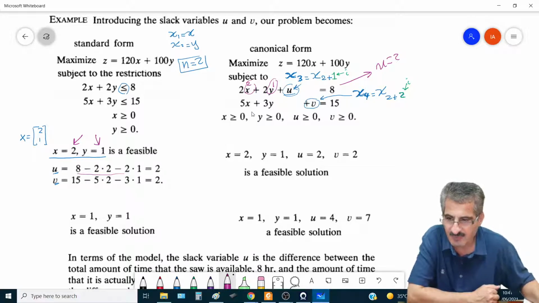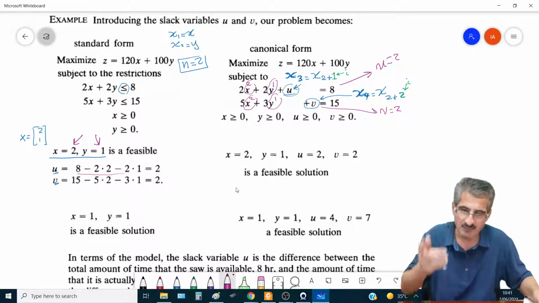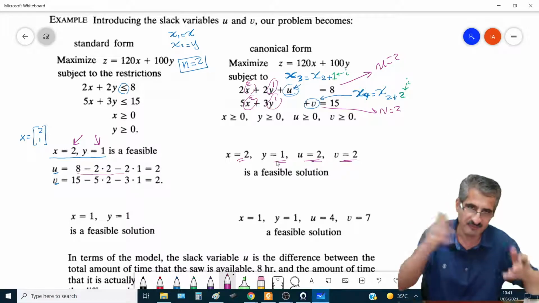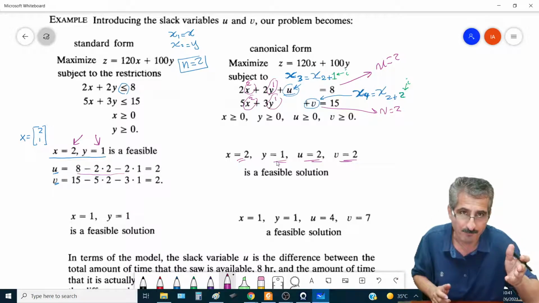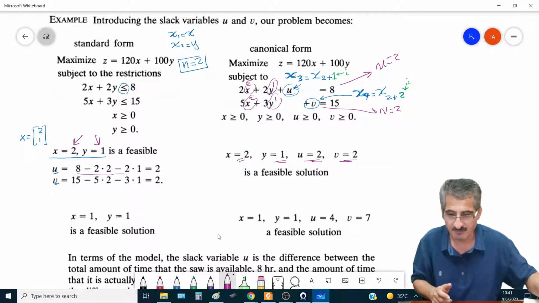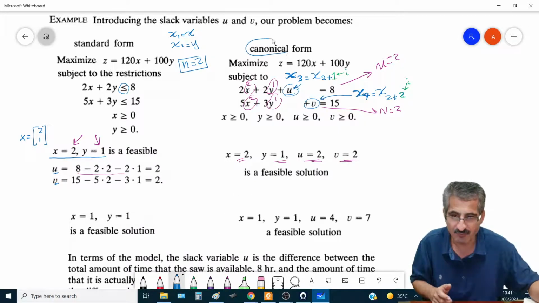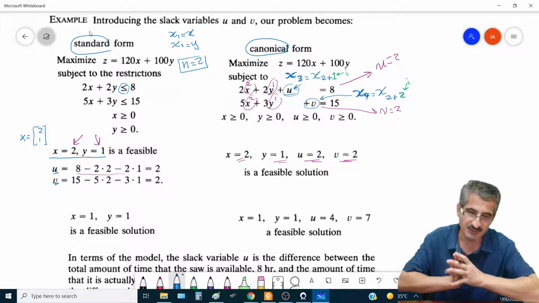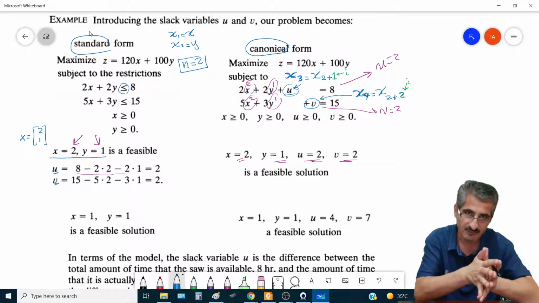And again, go 2 for x in here and 1 for y, and compute v, and v will give you 2. So great. If we now add u and v to x and y, we get a feasible solution of the canonical form. Remember, this is the canonical form and this is the standard. So a solution of the standard form has been converted to a solution of the canonical form.